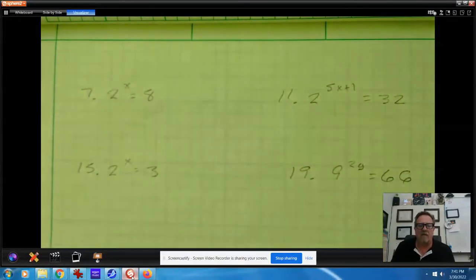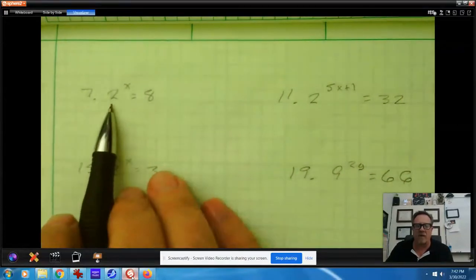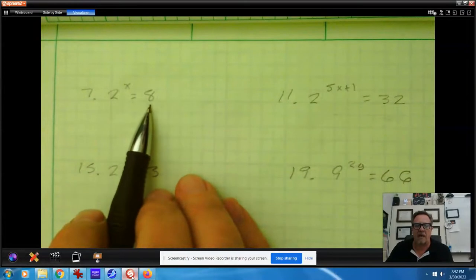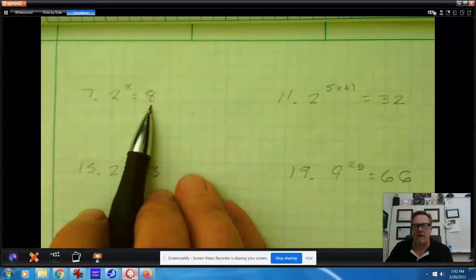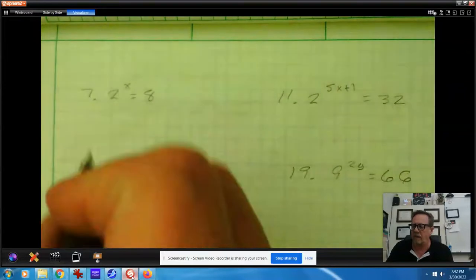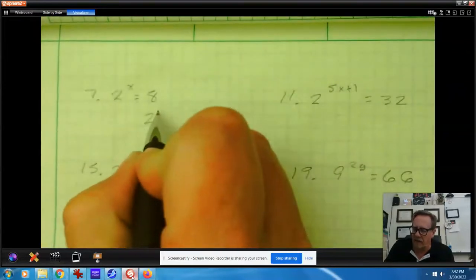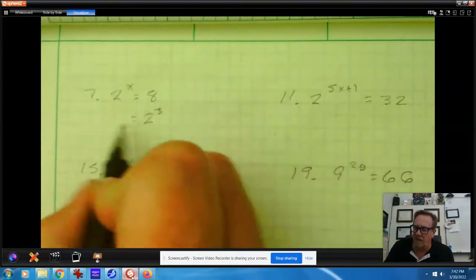And the first way that we're going to look at these is to think about the bases as maybe being the same. In other words, the base here is 2. So can I look at 8 and rewrite 8 as a base of 2 raised to some power? And hopefully we remember that if we take 2 to the third power, we'll get 8.